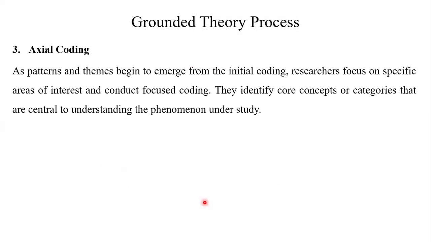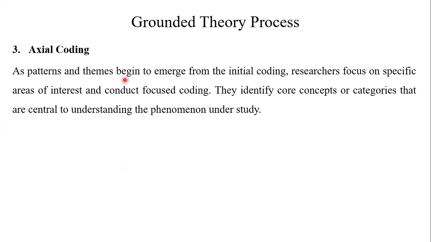Axial coding is basically the categorization of the coded discussion. What you have generated in the initial codes, there may be some relation, or some of the codes may be related to a similar category. So you combine those codes which are relevant to a similar category.